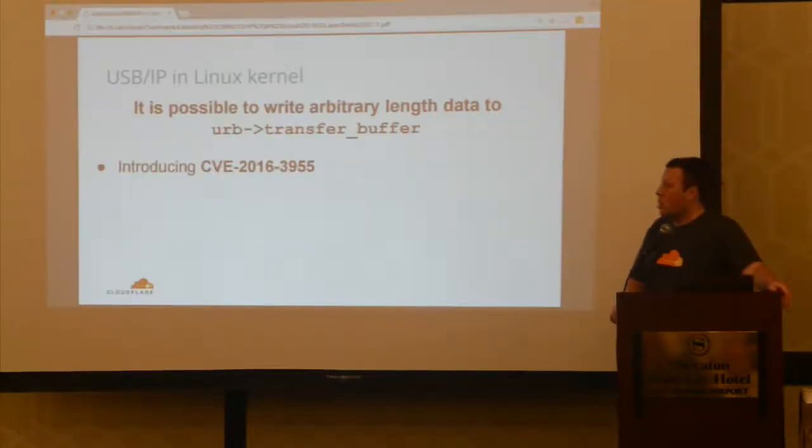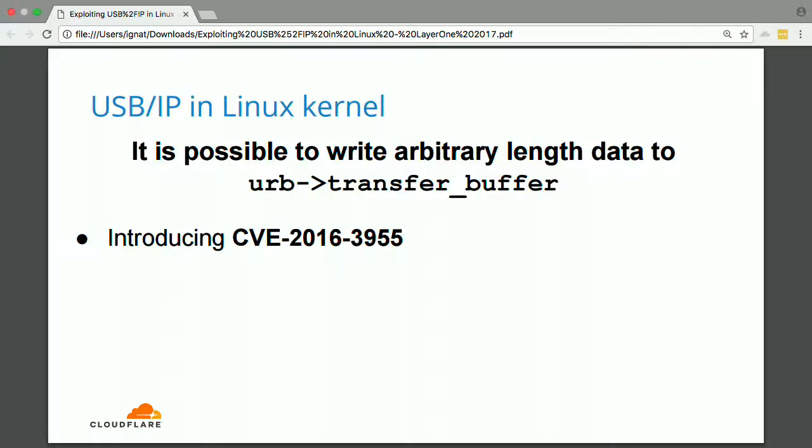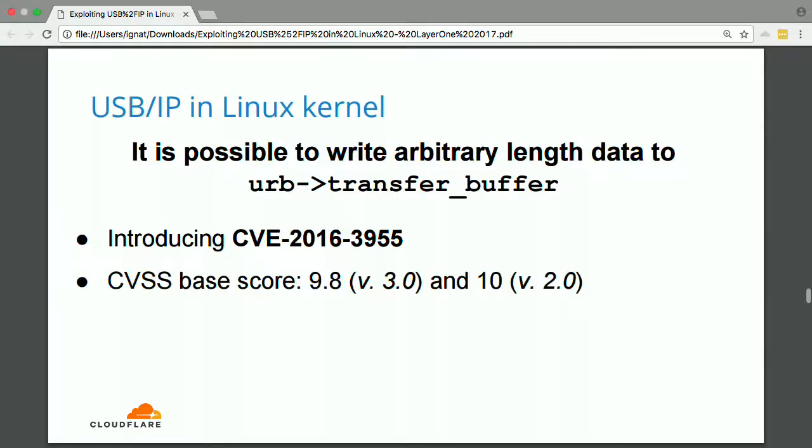Yeah, so this vulnerability has received the number CVE-2016-3955. It received a very big CVSS base score. This is a score which is given by the US National Vulnerability Database.